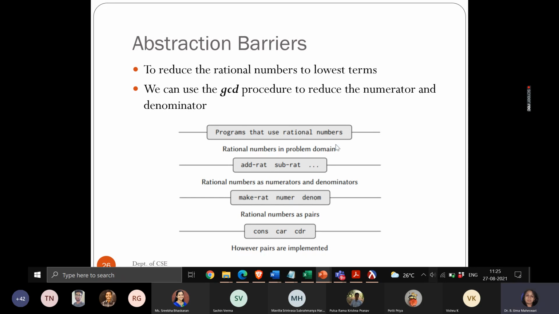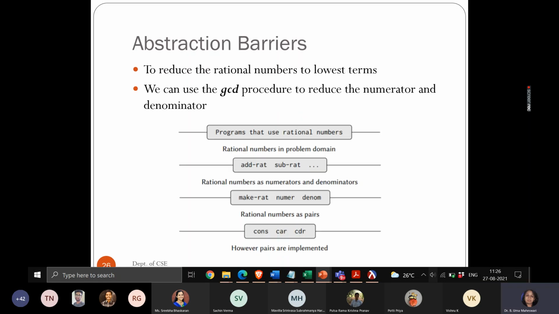This is the concept called abstraction. If you modify something in the lower part, you need not worry about the upper part. The upper part will work. It's a kind of modularity. Depending on the data type you are taking in the lower part, just modify only that part; you need not modify everything else.